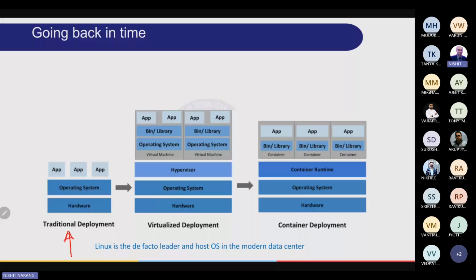These data centers hosted a lot of physical server infrastructure. Every physical server was running its own operating system, and applications were deployed directly on these physical server machines to cater to the client traffic. This is what the traditional data center deployment model was.